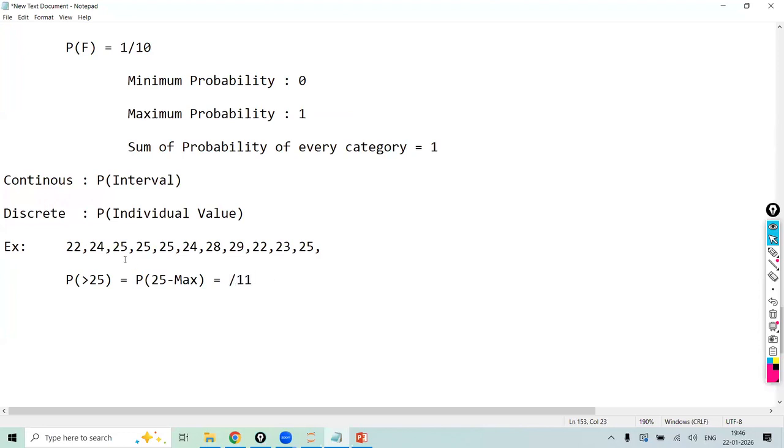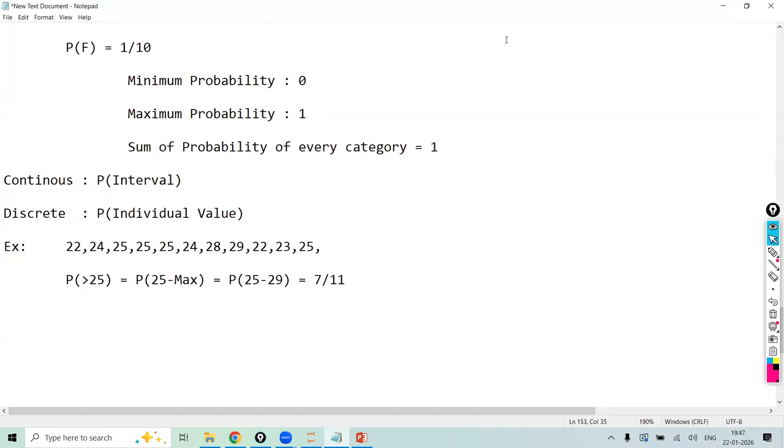Out of 11, how many of them satisfy 25 to maximum value? In my case, what is the maximum value in the given data set? 29. So this is equal to the probability of 25 to 29. So how many are there? 1, 2, 3, 4, 5, 6, 7. 7 people are there. 7 out of 11.